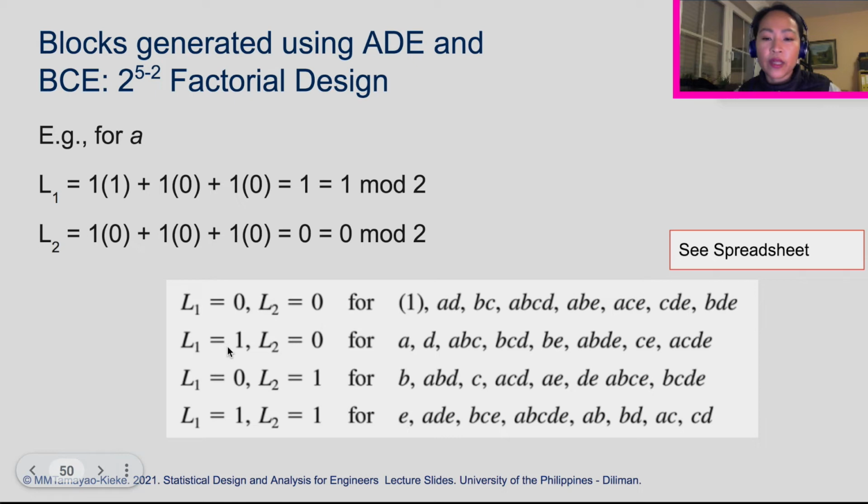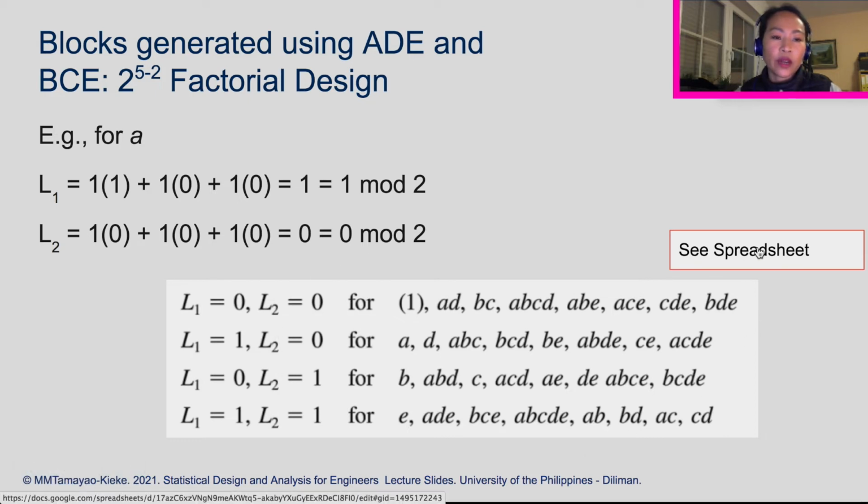Second group, L1 is equal to 1, L2 is equal to 0. Third group, L1 is equal to 0, L2 is equal to 1. And lastly, L1 is equal to 1 and L2 is equal to 1 for the fourth group. These are the combinations that correspond to these values of the linear combination. To further show that to you, let's look at this spreadsheet.